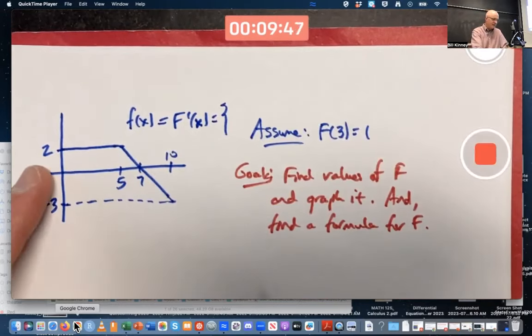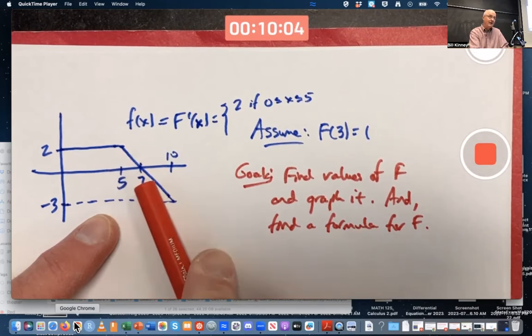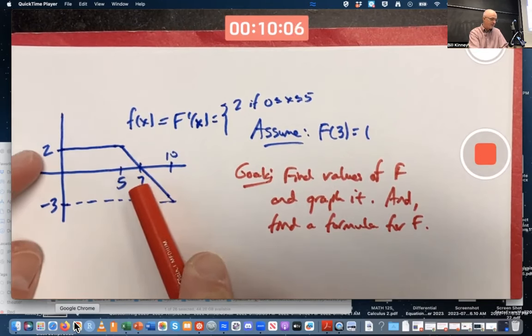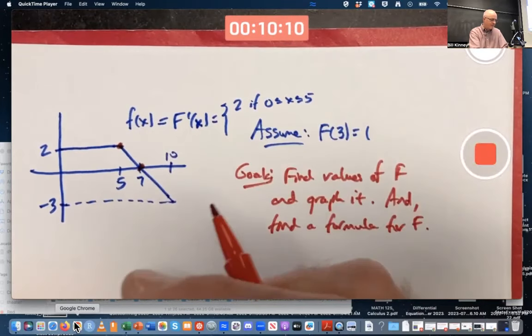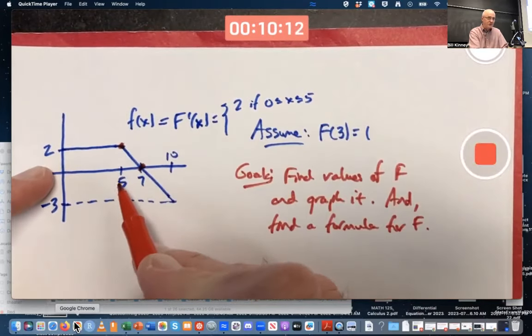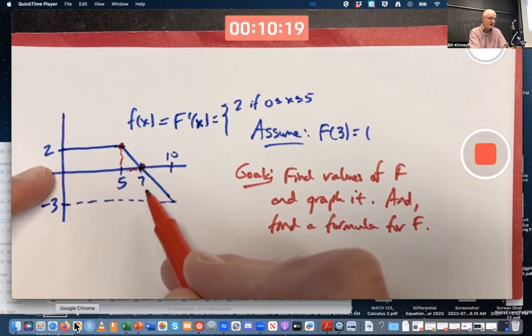And what does it equal if x is between 5 and 10? Looks like a line with a slope of -1, right? Rise over run, if you focus on, say, these 2 points here and here. The rise is -2, you go down 2, and the run is +2. Rise over run, -2 over 2, is -1, is the slope.